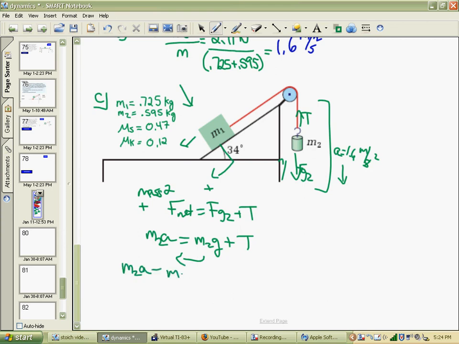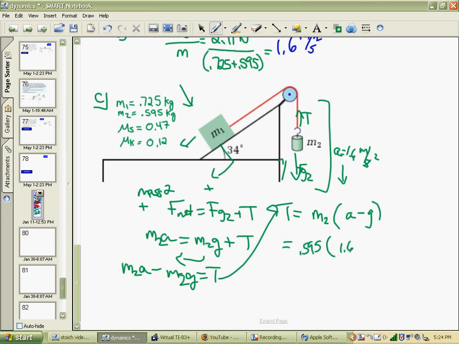Tension is m2 times a minus g. So we've got whatever mass 2 was, 0.595, and then we take our acceleration of 1.6 and subtract gravity, 9.81.